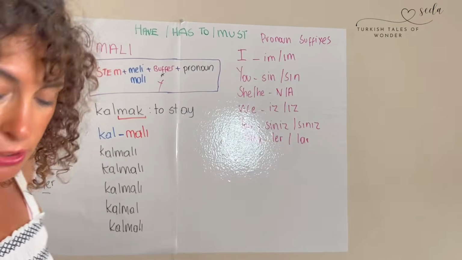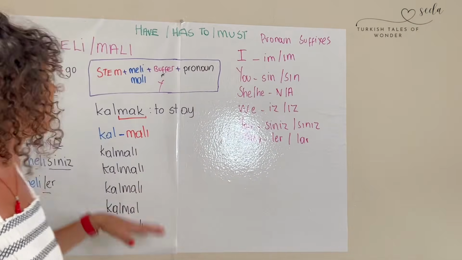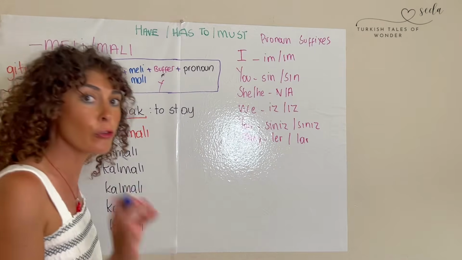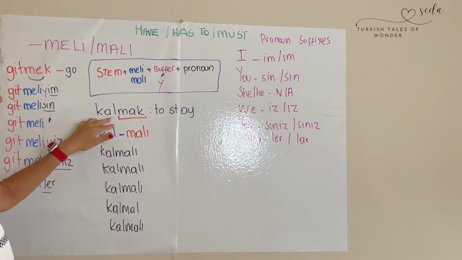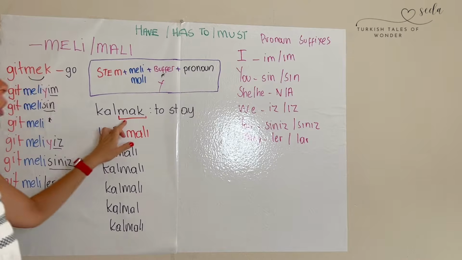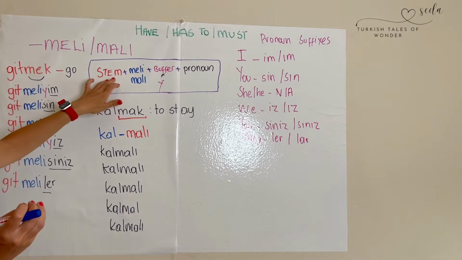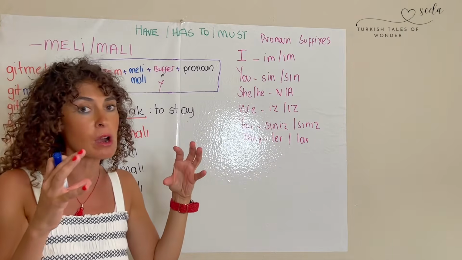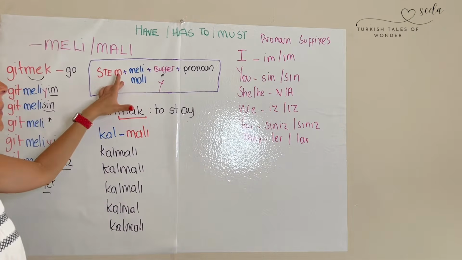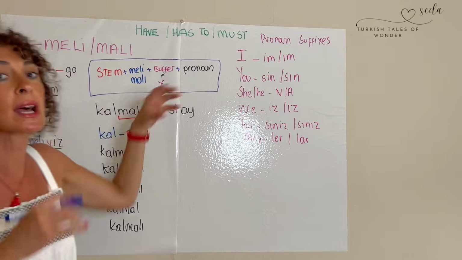You can check out the dictionary and you can find the verb. Then after you find the verb, you take the mek or mak part out. Then you have the stem. And after the stem, think about the vowel harmony rules. Add meli or malı. And think about the pronoun suffixes.